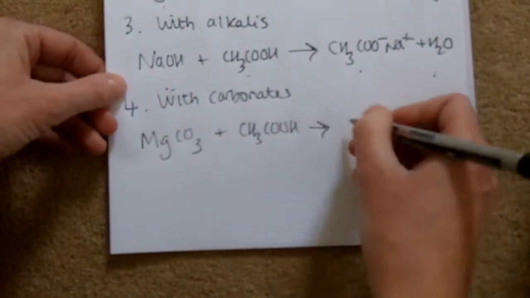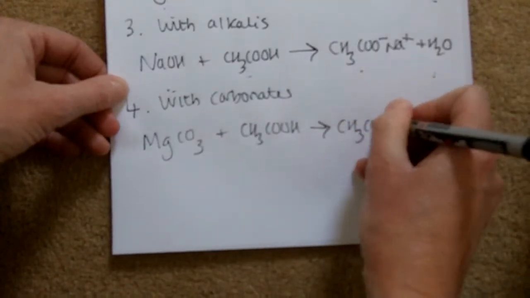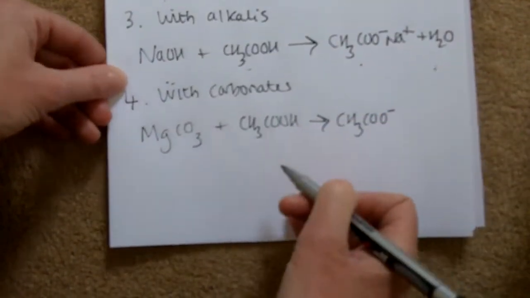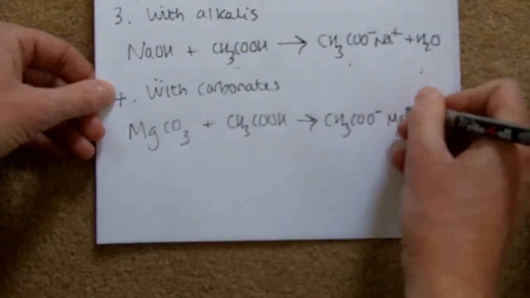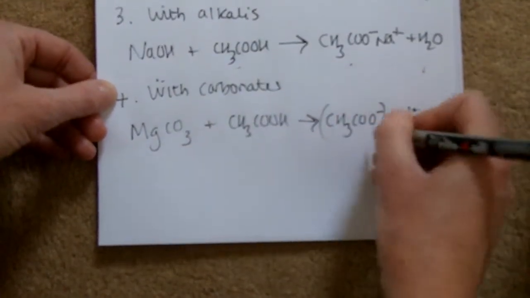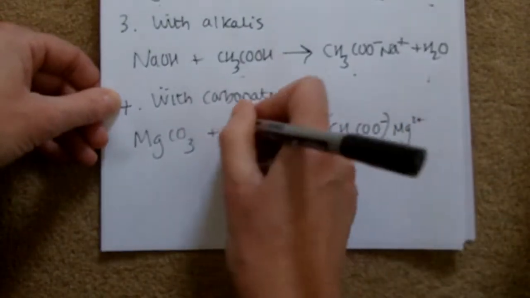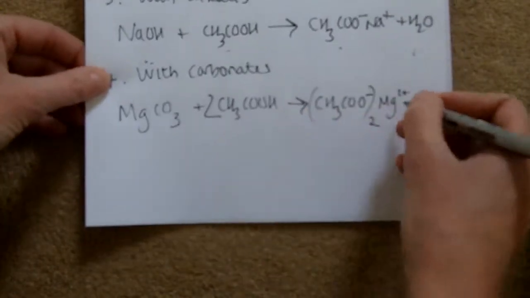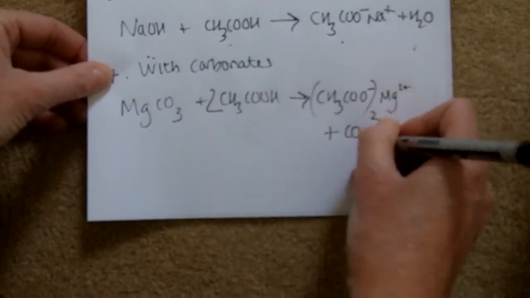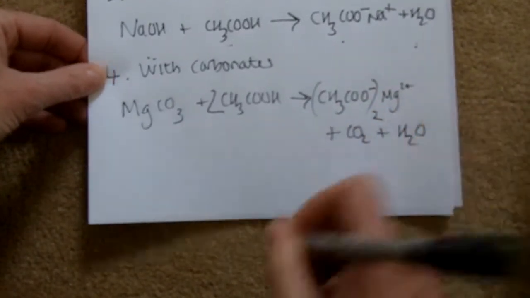Again you get the ethanoate because the H plus has come off, and acid is a proton donor, but Mg is 2 plus, so you're going to need 2 of them. So you need to put 2 at the front there. And when you react with the carbonate, you get carbon dioxide plus water as well.